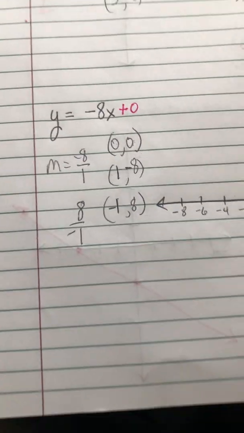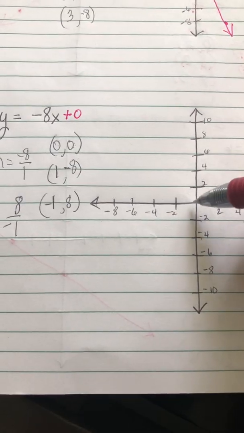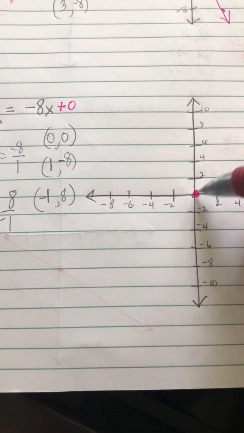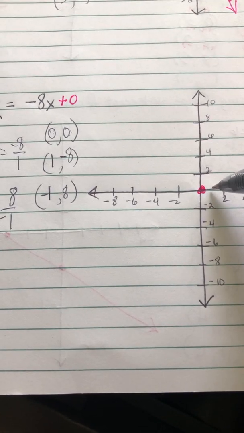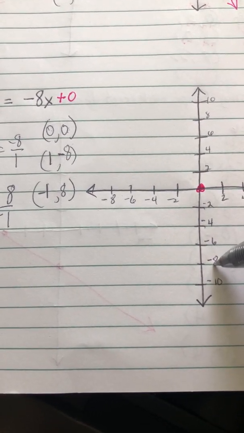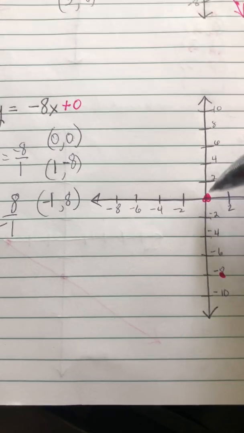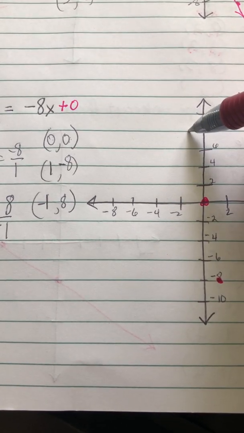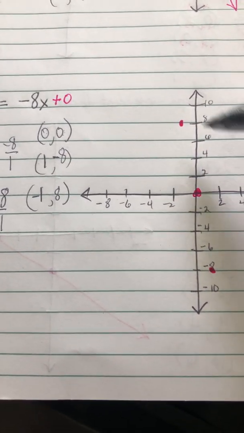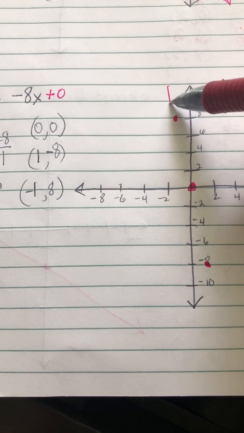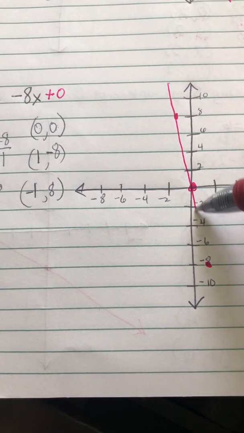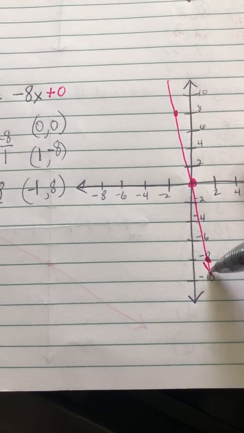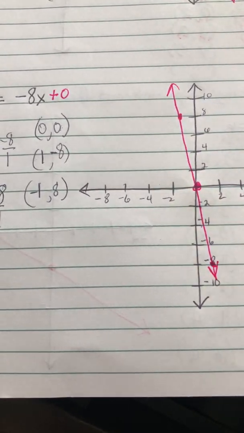So if we come over here, we have 0, 0, which is at the center. We have 1 and -8 down here. And we have -1 and +8 up here. And there you see how they're lined up. It's hard to draw a straight line freehand, but there we go. That's how we do it.